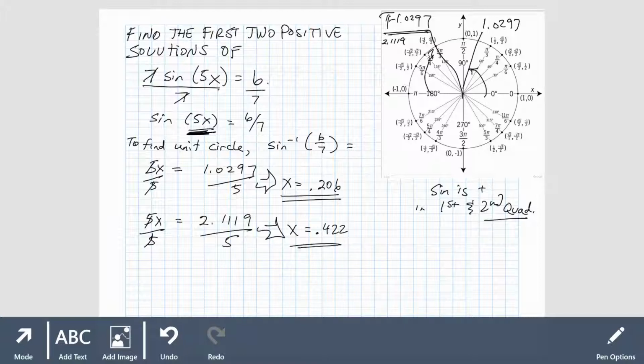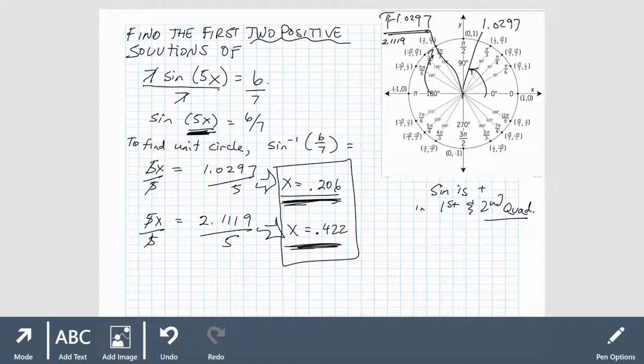What I have here is my first quadrant correlating solution as I go around the unit circle, and here I have my second quadrant solution, since those are where the sine is positive. Now, go back to the problem to decide. The question was just asking us to find the first two positive solutions. So we're just looking for the two places within the unit circle where this equation is true, and these are our values.